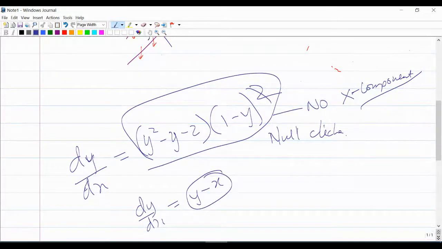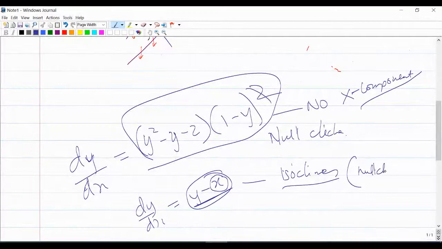Now when we have x and y on the right hand side, you can use the isoclines, because the x value here will then affect the behavior of the right hand side. So you go for isoclines, but inside the isoclines you also have some nullclines. That's how you can tell, when given a problem, whether to use nullclines or isoclines.